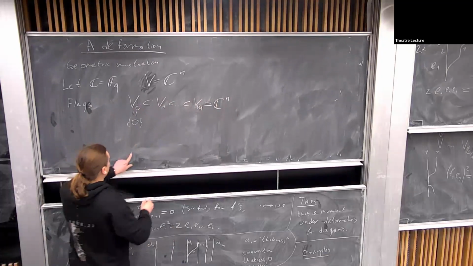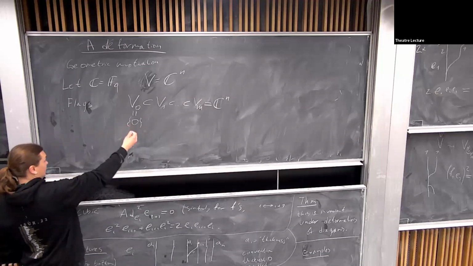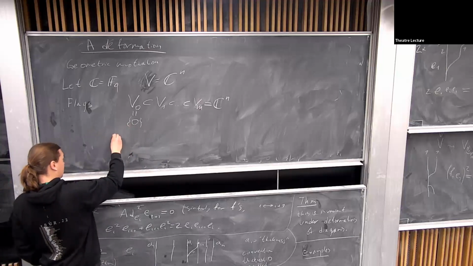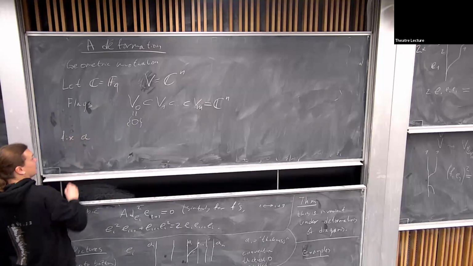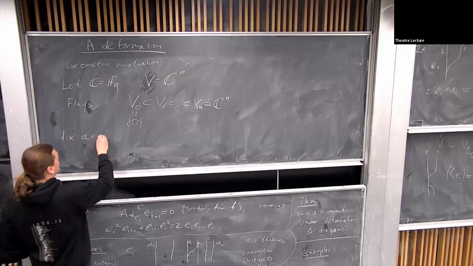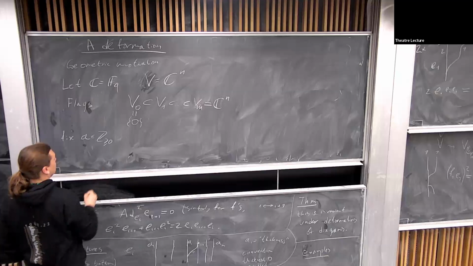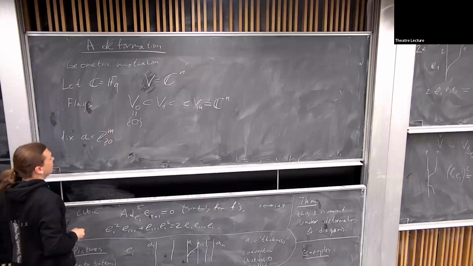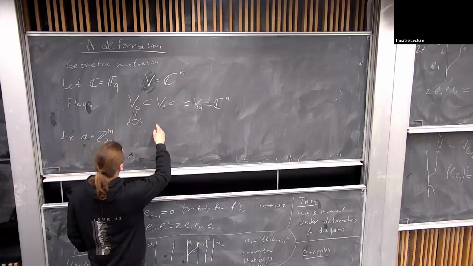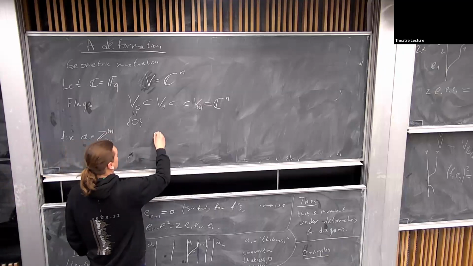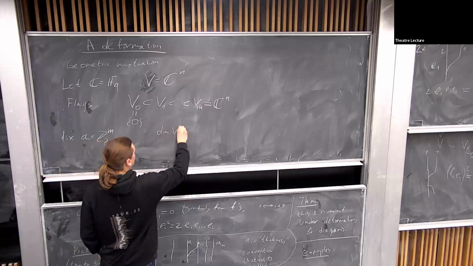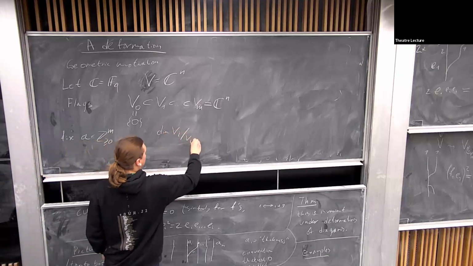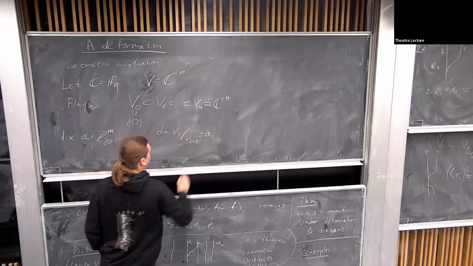These are subspaces, and you fix some vector A of non-negative integers, and then you will have the condition that the dimension of Vi modulo Vi minus 1 is Ai.